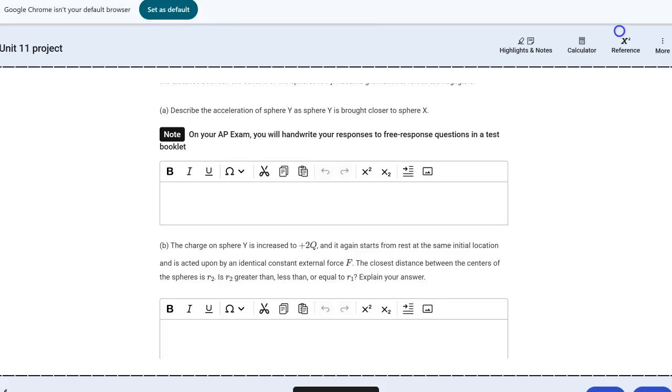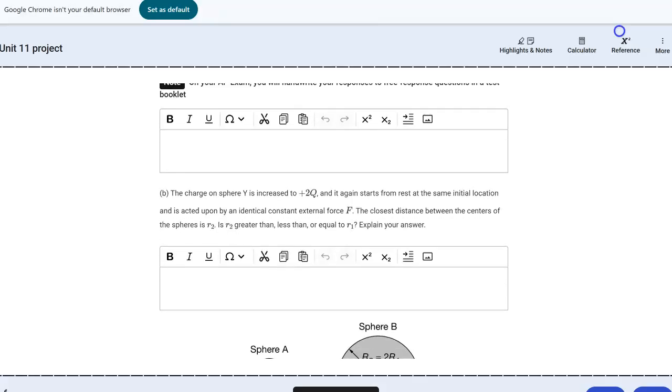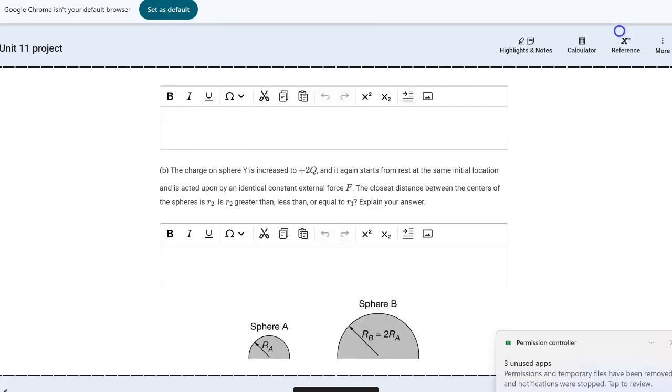Now, we're going to use a work equation to answer B. So the sphere is plus 2Q. In both cases, they're starting and stopping from rest, and work is just their change in potential energy. So let's write that out: U final minus U initial.